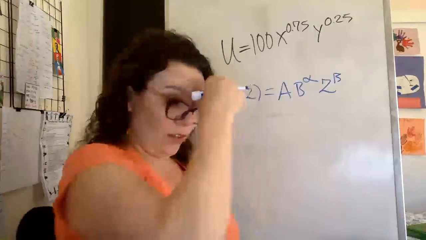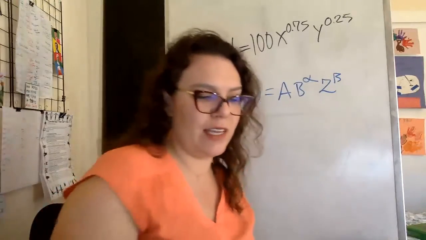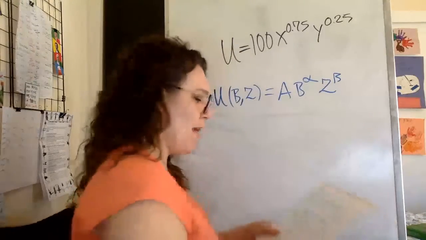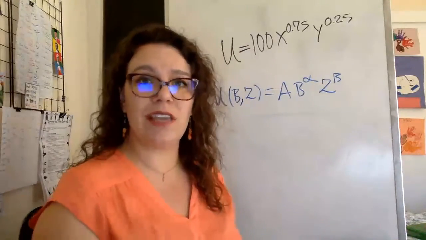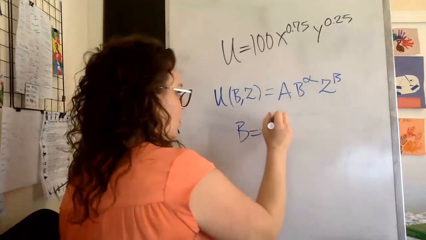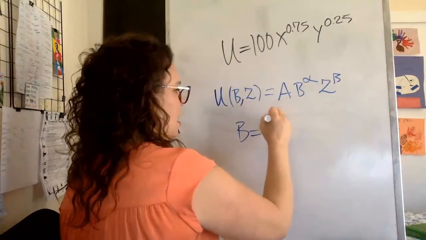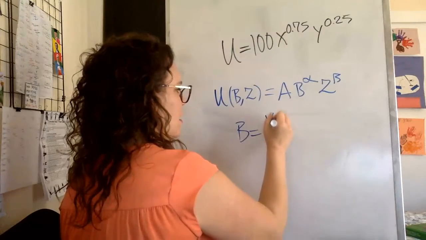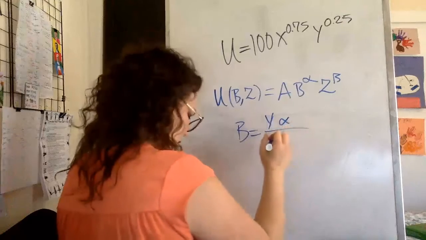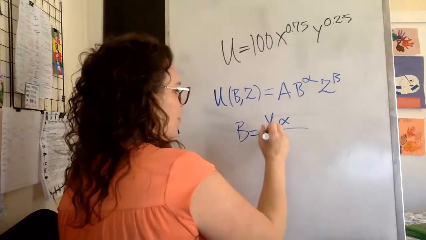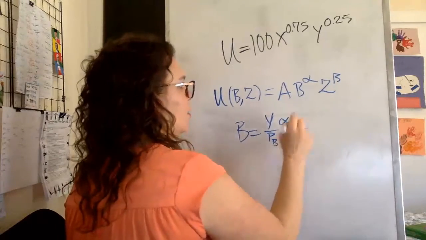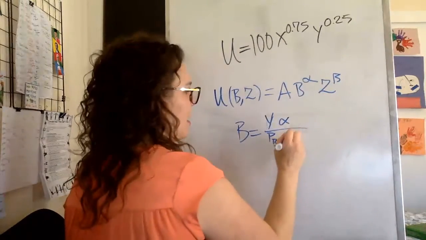You can solve for the demand as a function of the price of the two goods and the income. So it's going to be that B is equal to income y times the exponent divided by the price of B and those two exponents added together.